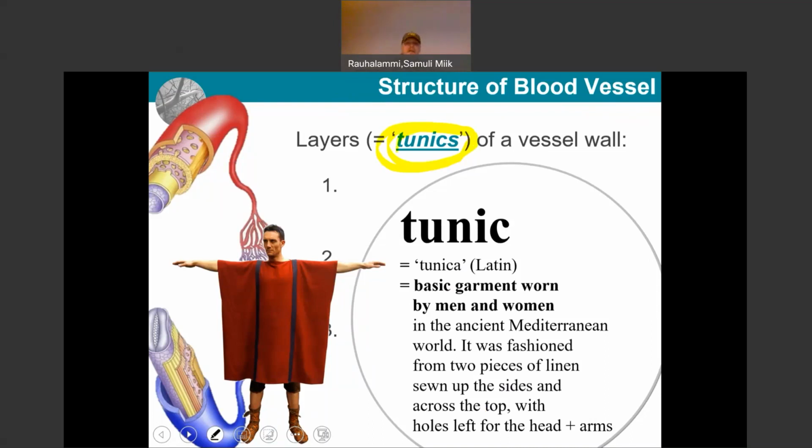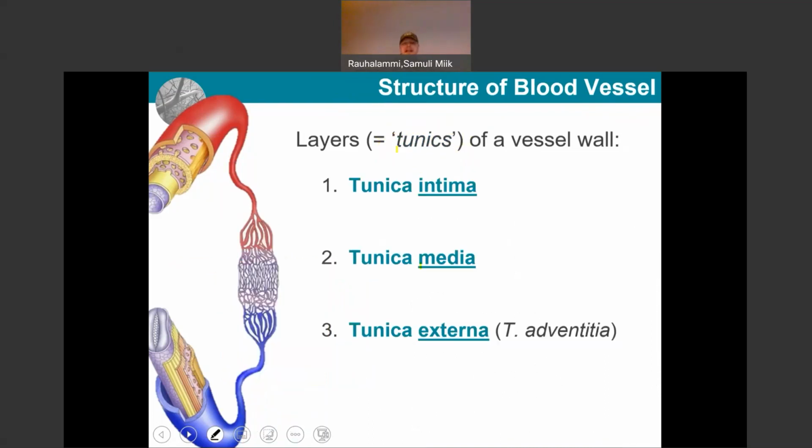And let's have a look at the 3 layers that I promised to talk with you about. So the first one, the one that's closest to the very center, so the lumen of the blood vessel, is going to be our tunica intima. After that, tunica media, and the most external layer of the blood vessel is going to be our tunica externa.